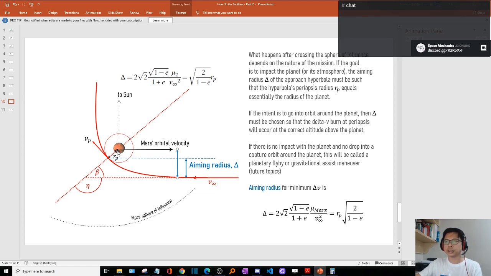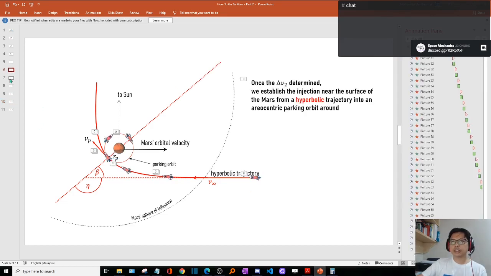You love your spacecraft, you spend billions on it. So you want to make sure that the aiming radius follows the radius of perihelion that we've decided before. So that's the aiming radius. I think I need to save this one. All right, so that is our mission.